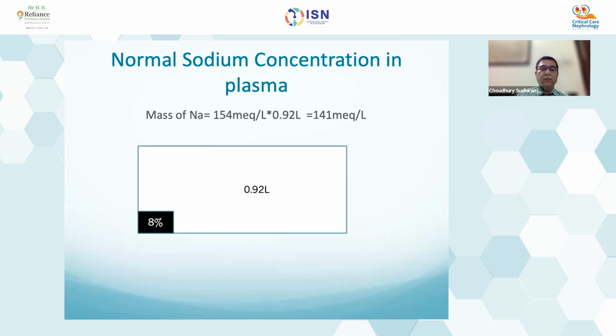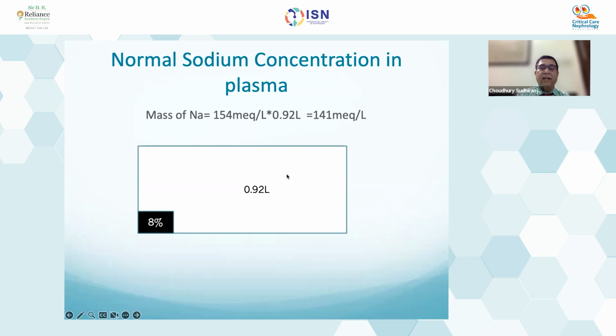When we were using flame photometry, as I said earlier, there was the solid phase and the aqueous phase, and the solid phase was not calculated at that point of time. So 154 milliequivalents into 0.92 liters, that is the 8% deduced, comes to around 141 milliequivalents per liter.